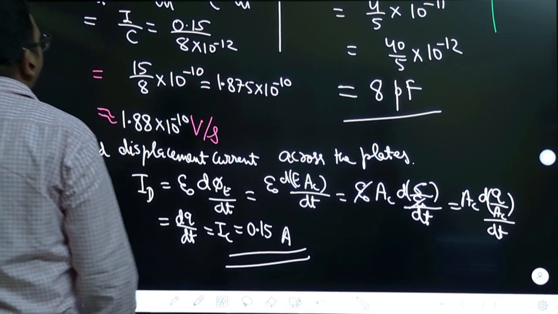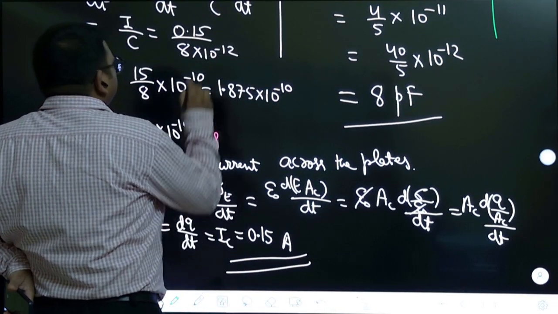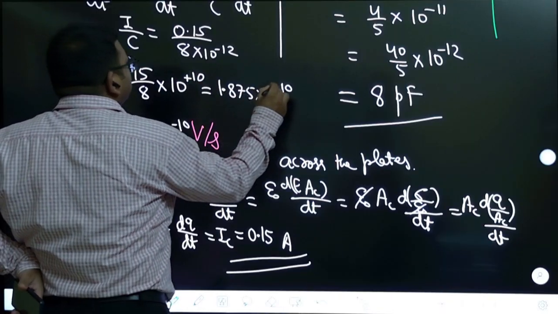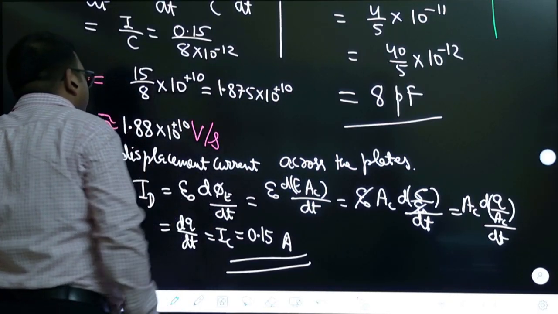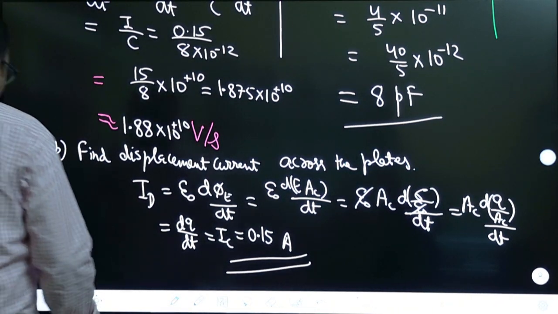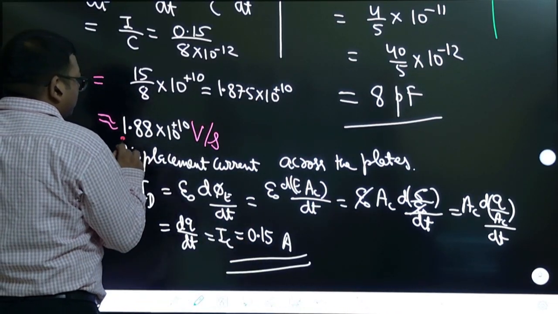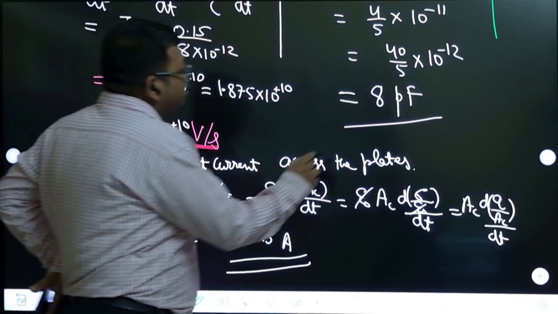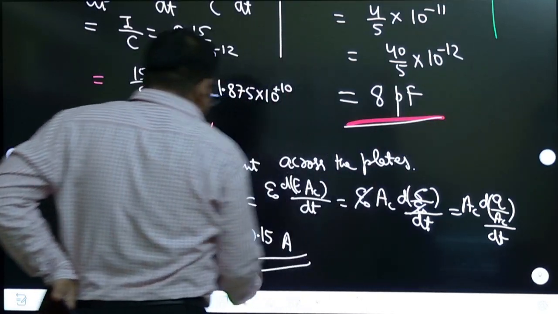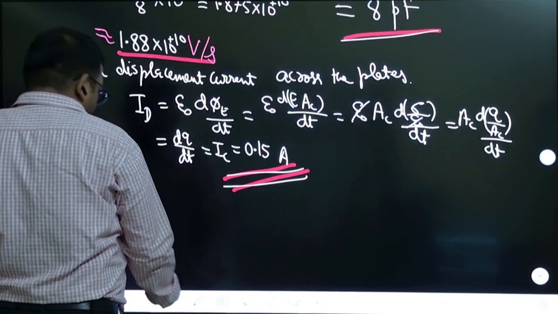Oh, plus 10, right? Right. The minus has come, plus 10 meters. Okay. Anyway, that's calculation. Please check that. Sometimes calculation mistakes happen. So this is the answer for this. What about this answer? Same answer. Check that. Second part.